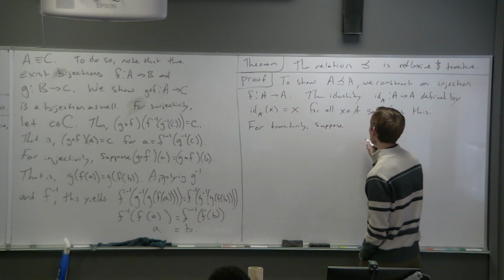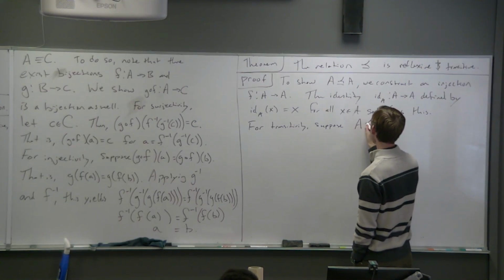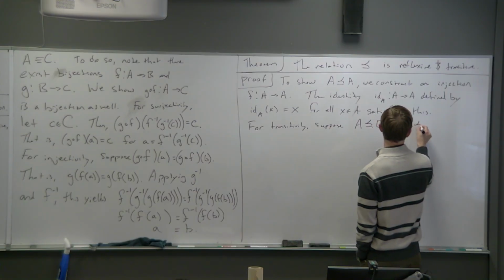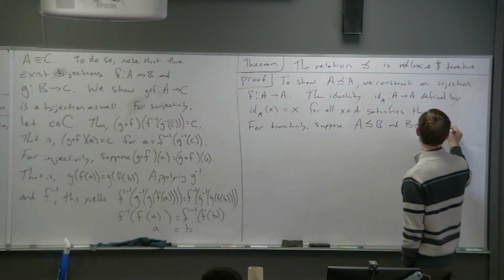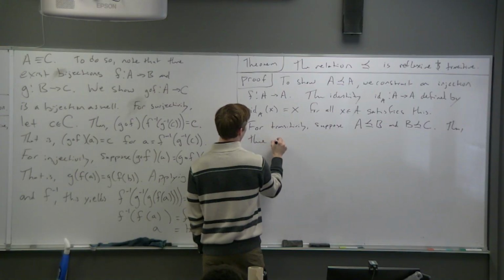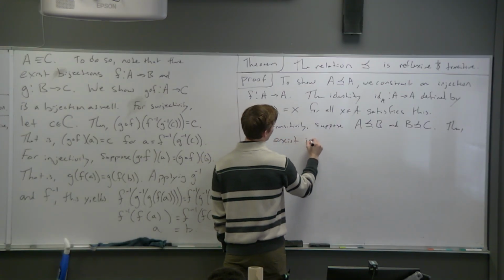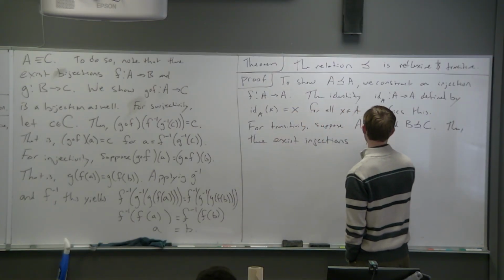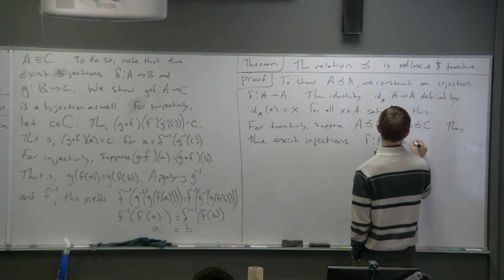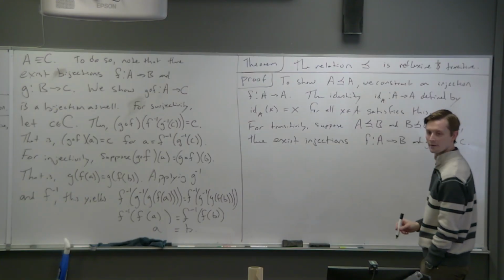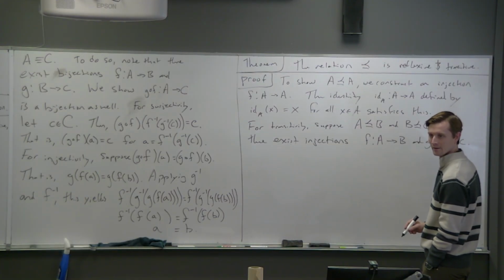For transitivity, suppose that A is weird less than or equal to B, and B is weird less than or equal to C. Then there exist injections F from A to B and G from B to C. Yeah?